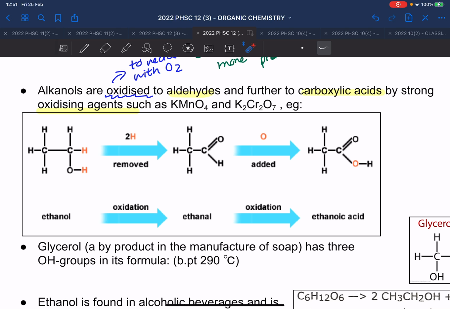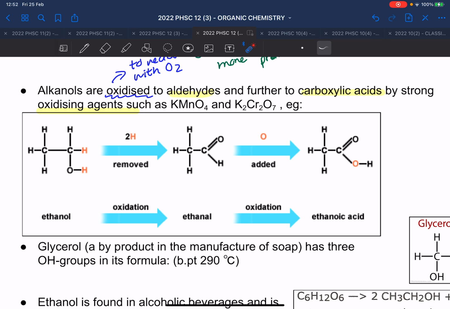Potassium chromate, no, dichromate. And the color?